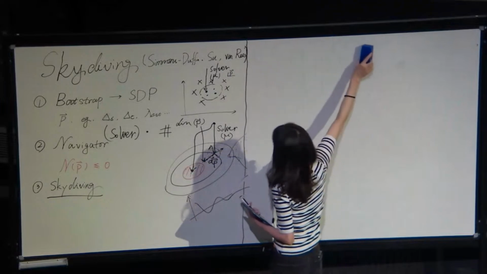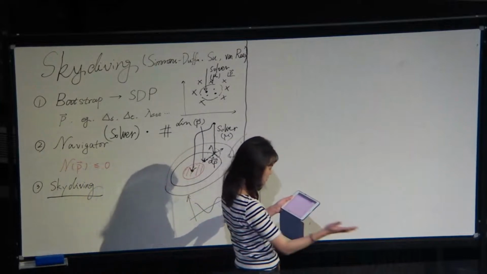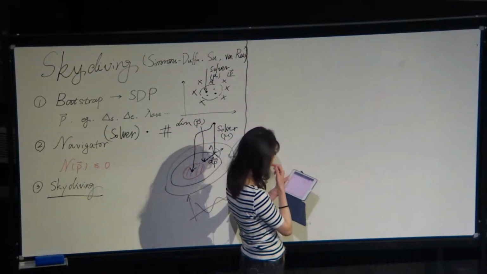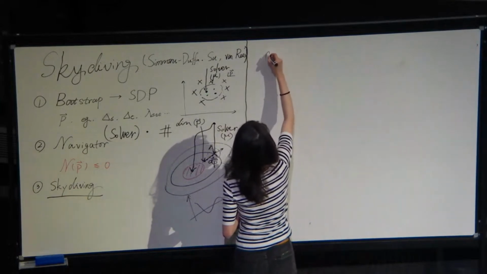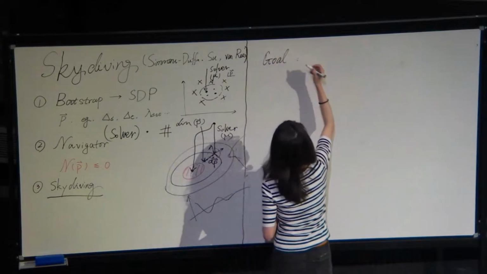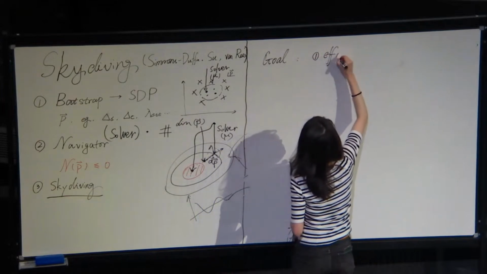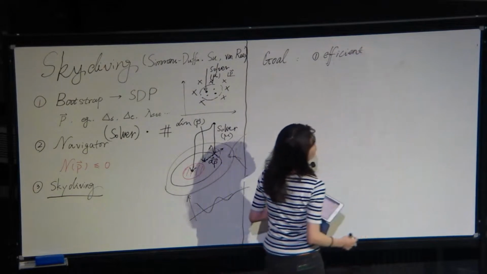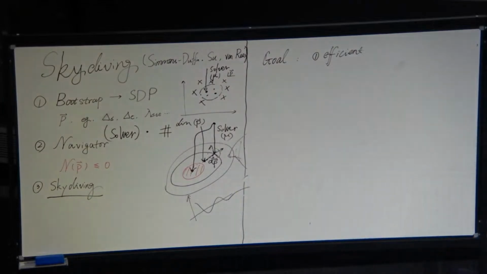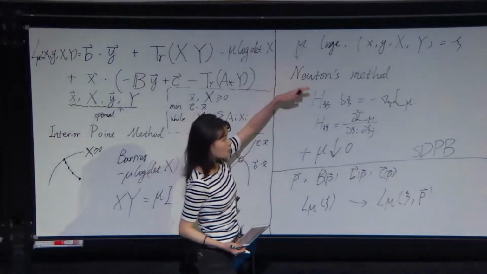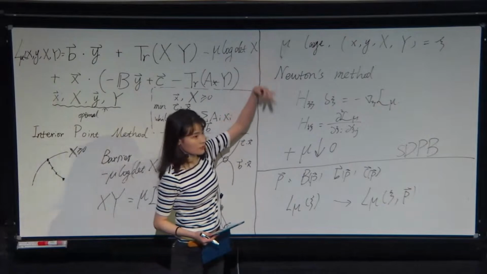So now I will start discussing how we might tackle those difficulties. The goal is that we want our solver or our algorithm to be efficient, meaning that we want to reduce our mu as quickly as possible to approach the final solution.